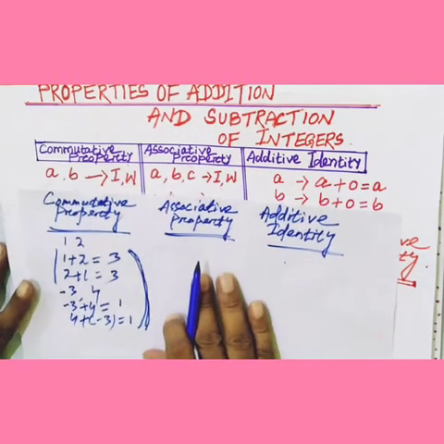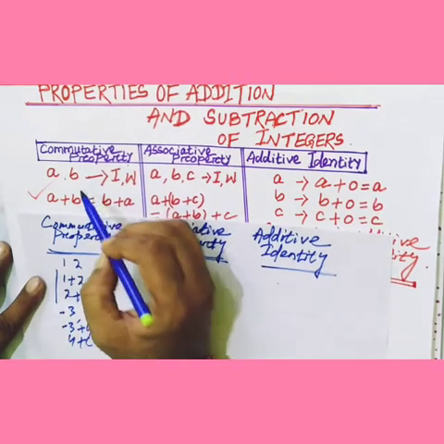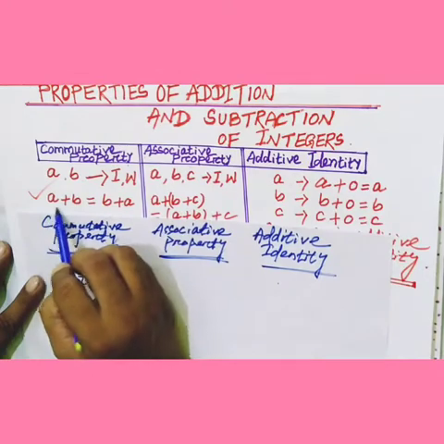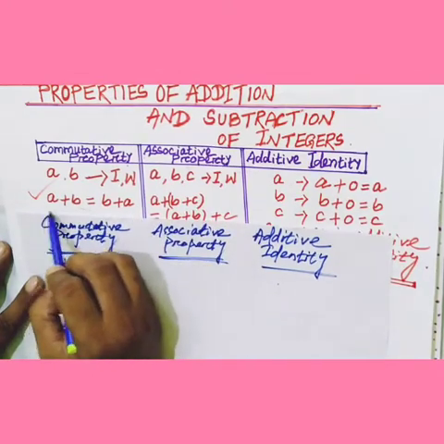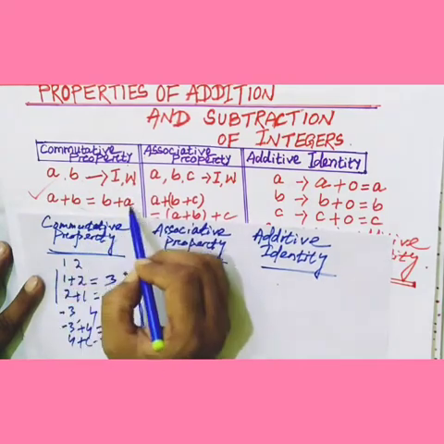For a general expression, if A and B are integers or whole numbers, then A plus B equals B plus A. This is the commutative property of addition.